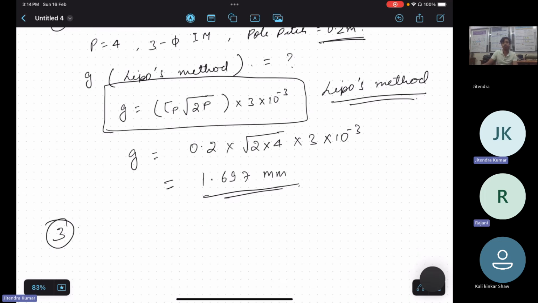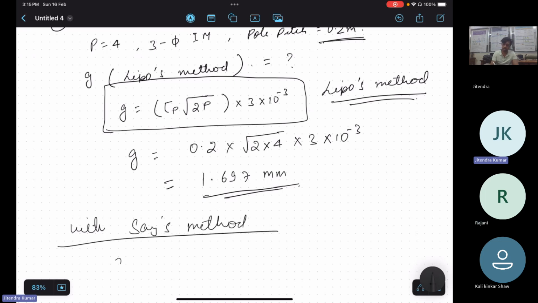Can we calculate in that way also? But we do not know how much. Okay, we can start, we have the pole pitch, no? Pi d by p, with that method: 0.2 plus under root P, 2 times, into square root of d into s.